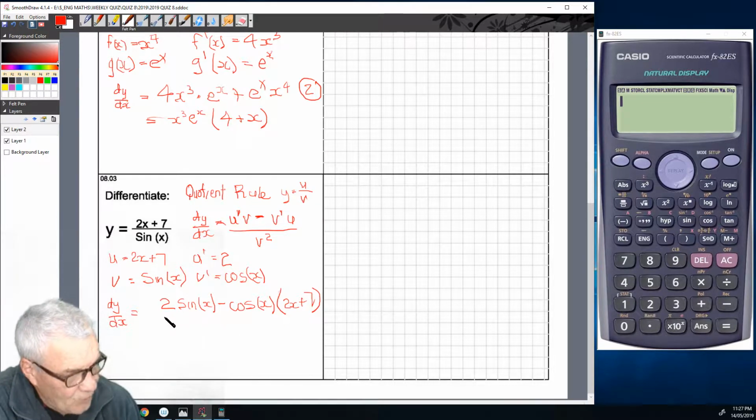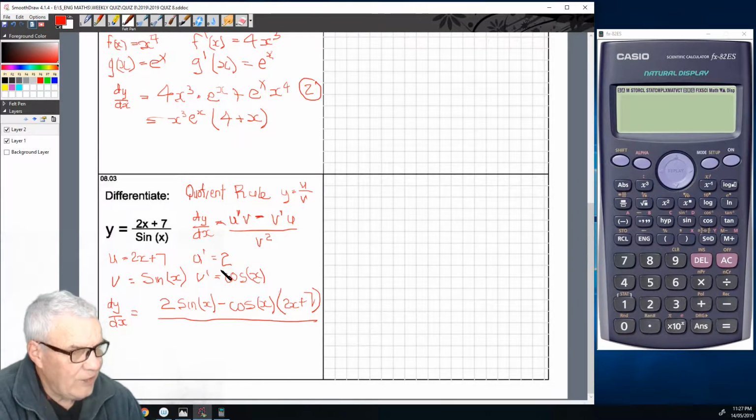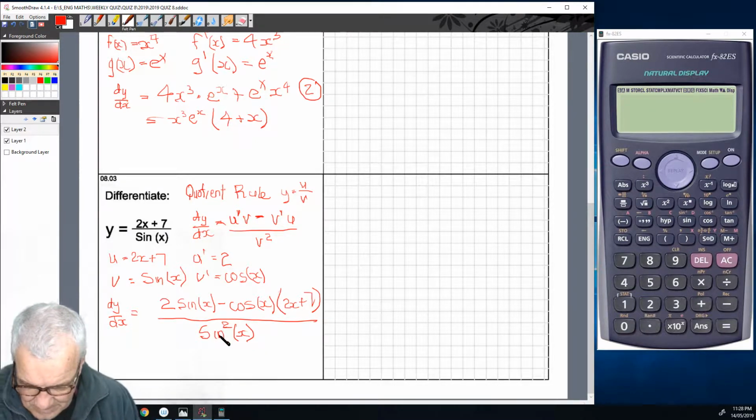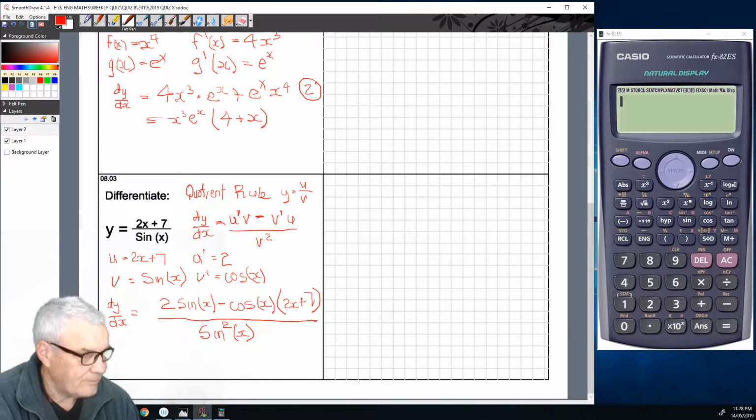And that would all be over v squared, which of course is sine squared x, or sine of x all squared. We tend to write it in maths as sine squared x.